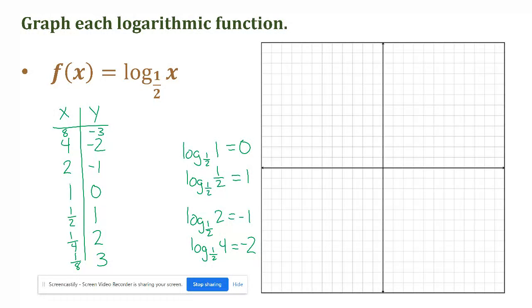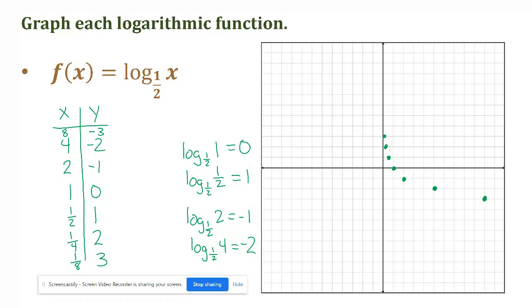And let's go ahead and plug in some of these points. So I have an 8, -3. I've got a 4, -2. I've got a 2, -1, a 1, 0. And then I've got 1/2, 1, 1/4, 2, 1/8, 3.